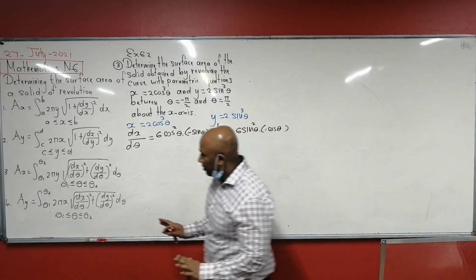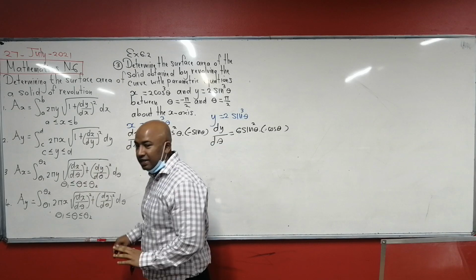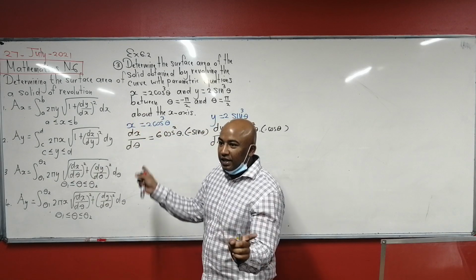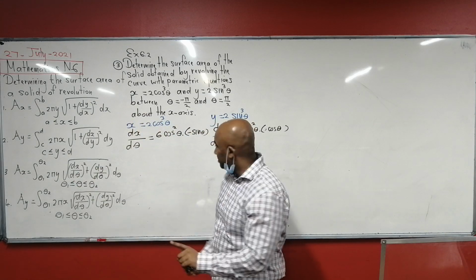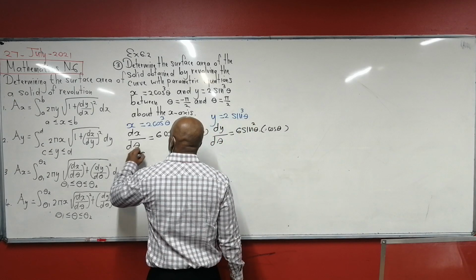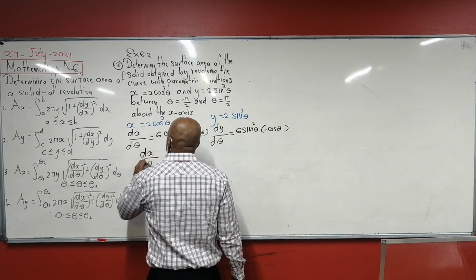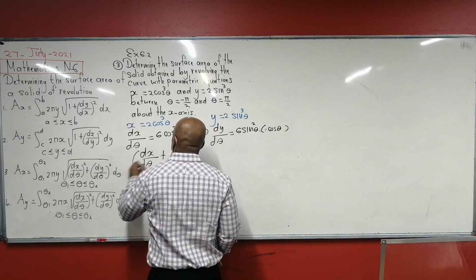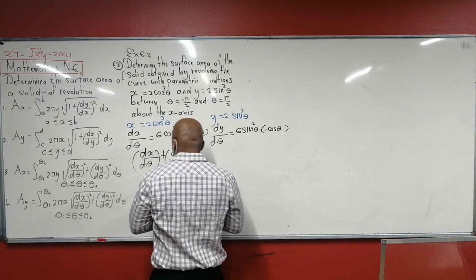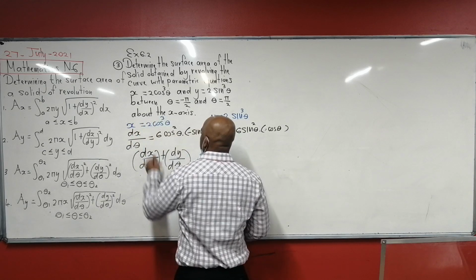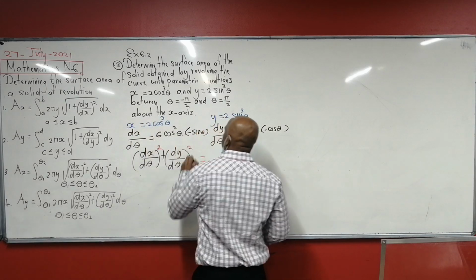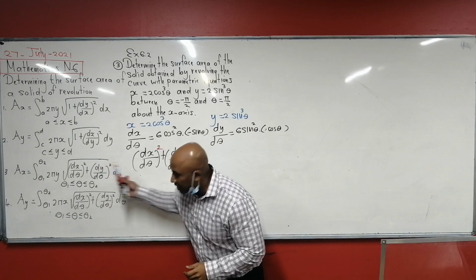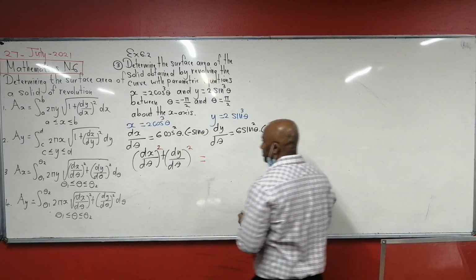So what do I have now? I just have what's inside here. I need to square it and add it up. Okay. So dx over d theta plus dy over d theta. So I'm going to square there and square there. That's what I want to do because I'm working out what's on the inside.